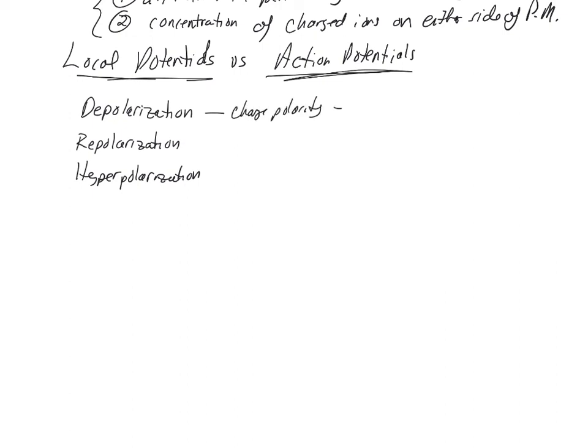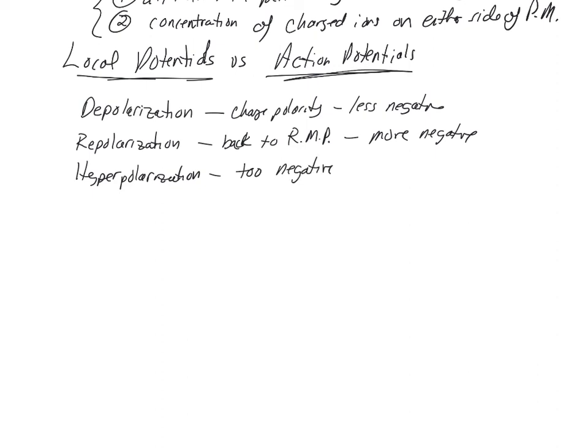Here you're making it less negative. With repolarization, the goal is to get it back to resting membrane potential, which basically means you are making things more negative. Hyperpolarization is when you make it too negative.